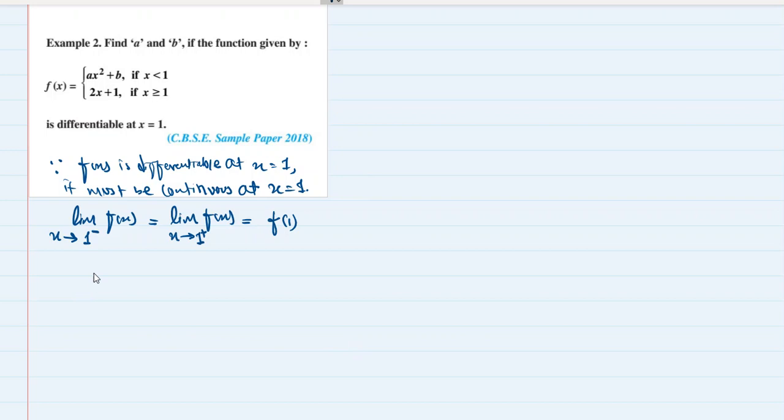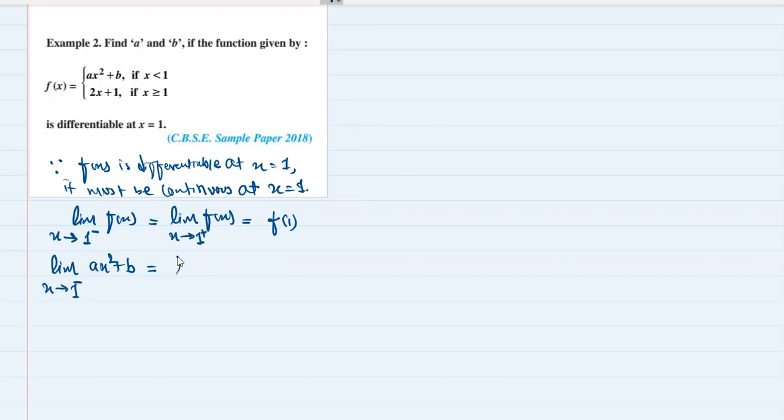So if we solve this, what do we get? See, when we approach 1 from the left side, that is from the values which are smaller than 1, the definition of the function becomes ax square plus b. When we approach the function from the right side, the definition of the function becomes 2x plus 1.